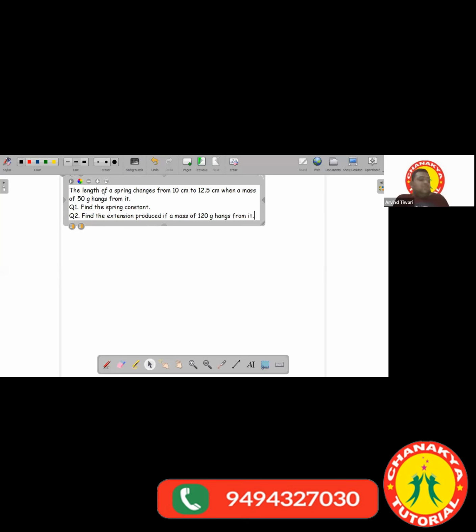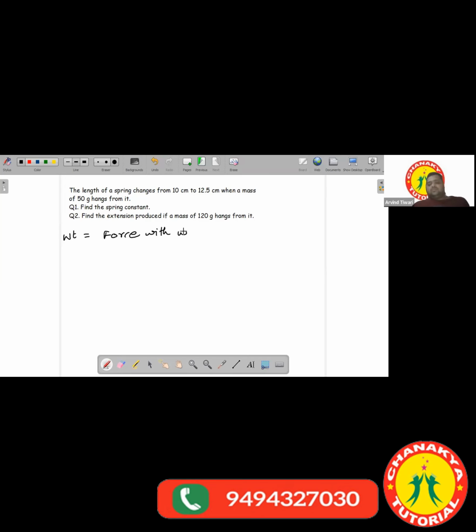Do you know how we can convert this mass into weight, or Newton? In grade 9 you studied that weight is the force with which gravity pulls an object.